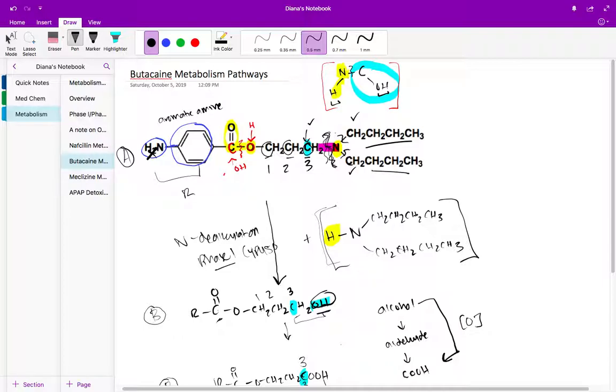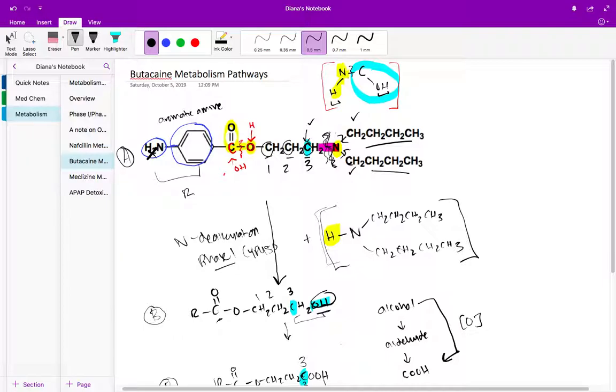Okay, so I want you to go ahead and think of any other reactions that you think might occur here. Specifically, you can use your lecture notes to see if you can draw out a reaction with omega oxidation or omega -1 oxidation.